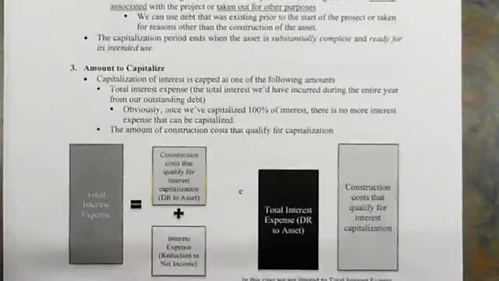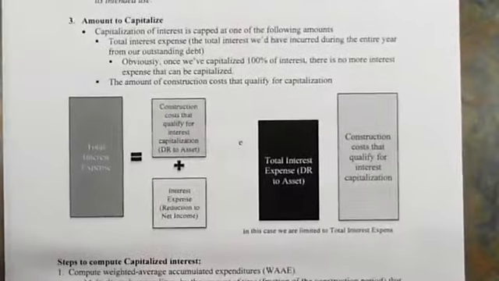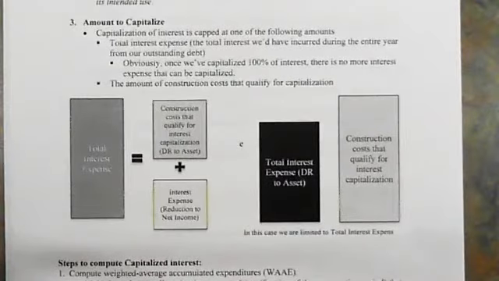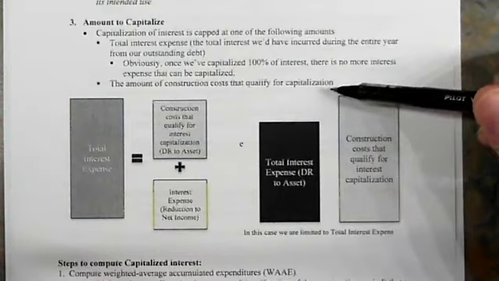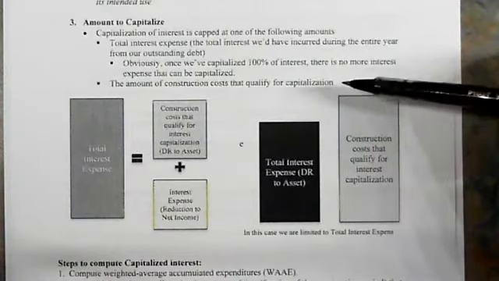So how much can we capitalize? Capitalization of interest is going to be capped at one of the amounts. It's going to be the maximum of total interest expense, right? So whatever the total interest we would have recognized for the period obviously creates a ceiling for the amount of capitalization that can occur on that interest, or the amount of construction costs that actually qualify for capitalization.